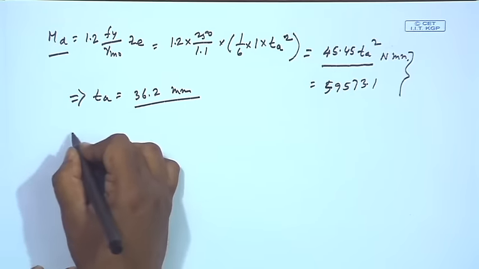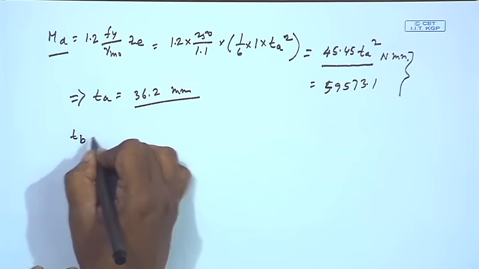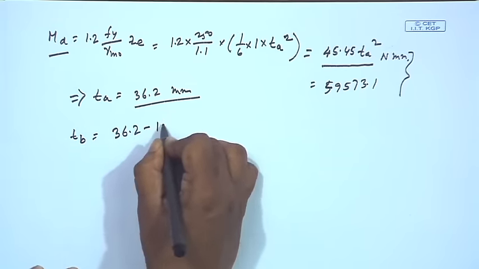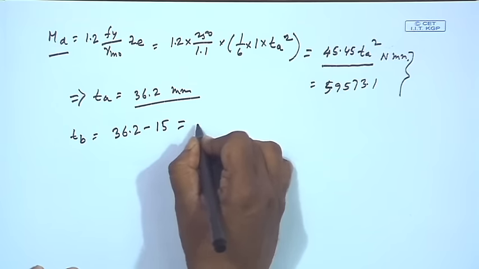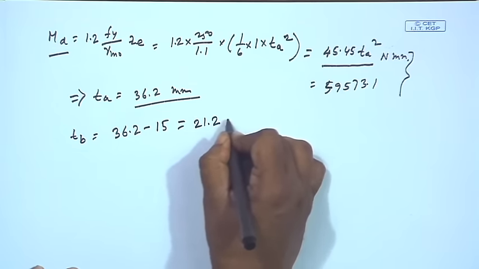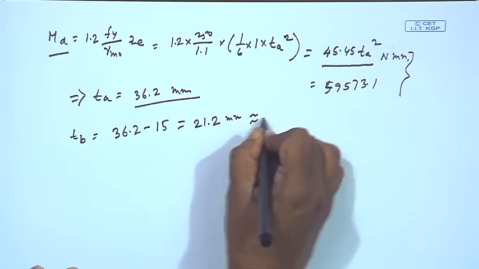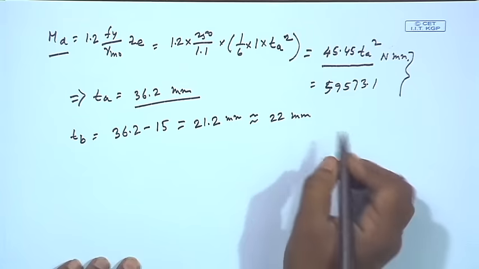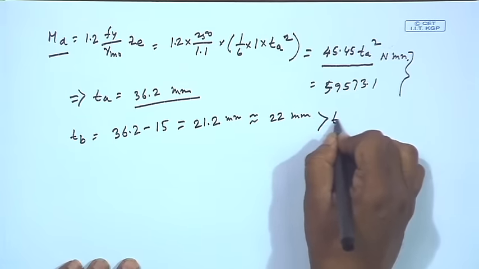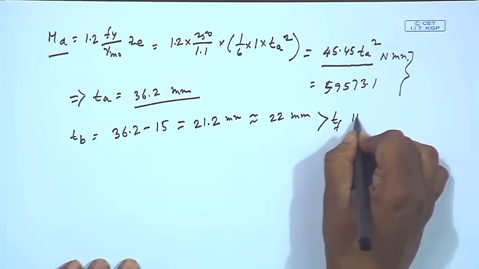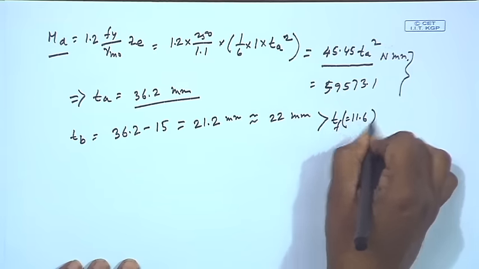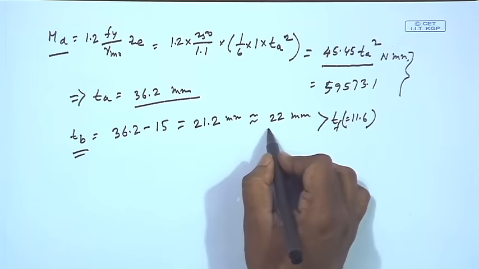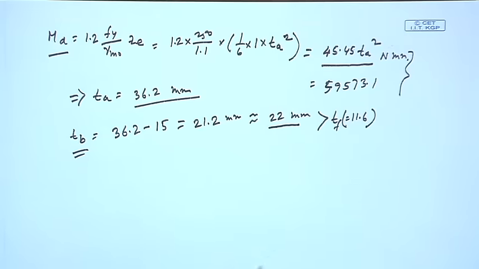Now, I can find out the thickness of the base plate, say T B, as the aggregate thickness minus the thickness of the angle, which was considered as 15. So, this is coming 21.2 mm. So, we can provide 22 mm, right, and this is greater than T F, the thickness of the compression flange, which is 11.6.